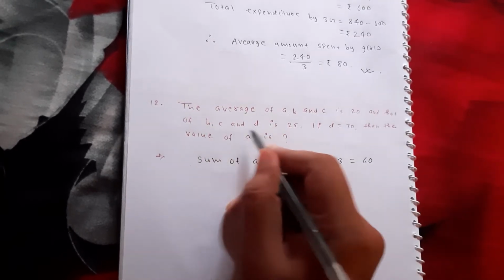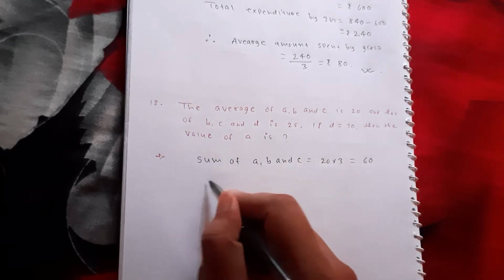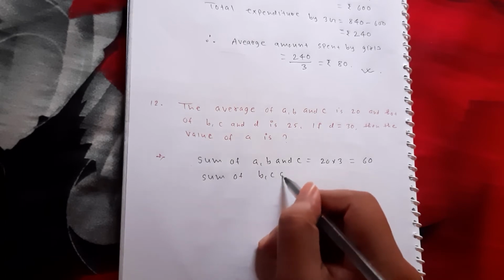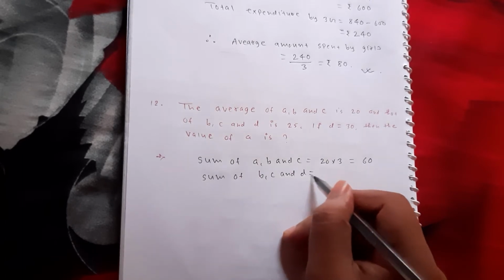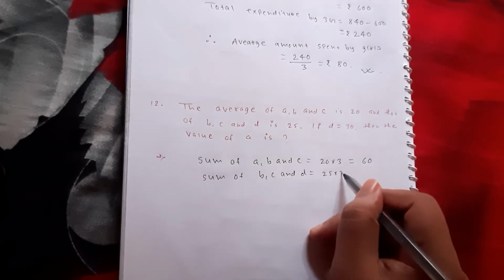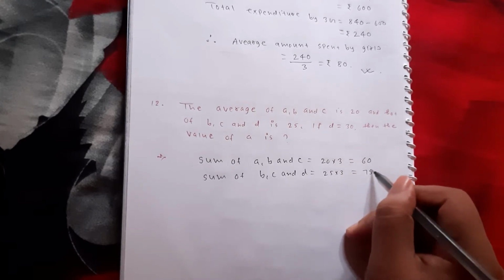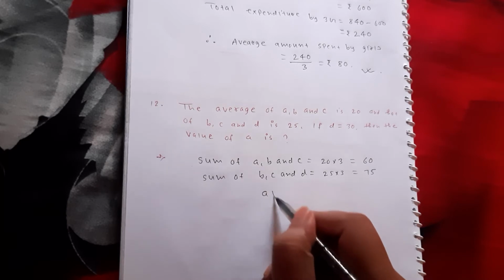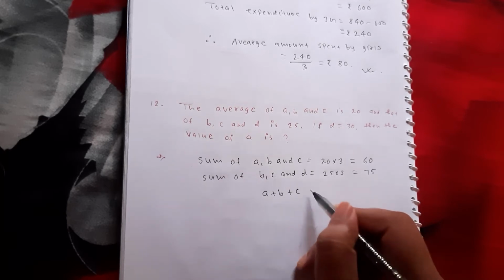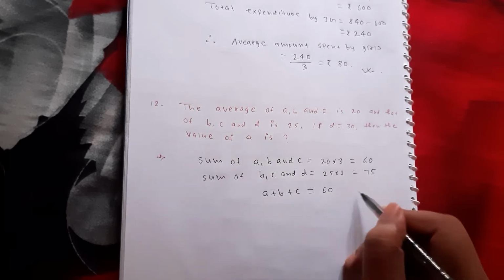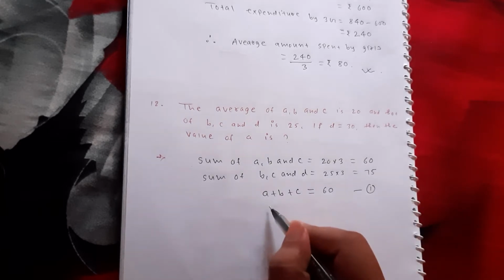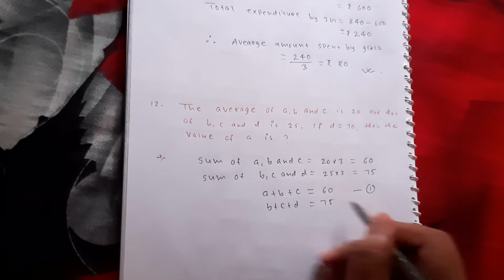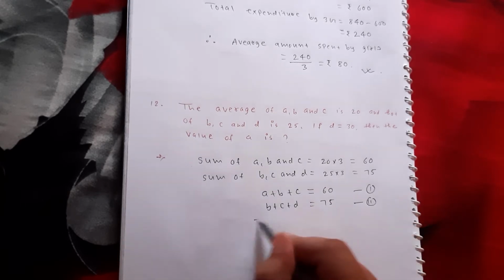And that of B, C and D is 25, so the sum of B, C and D equals 25 into 3, which is 75. We can write: A plus B plus C equals 60, which is equation 1, and B plus C plus D equals 75, which is equation 2.